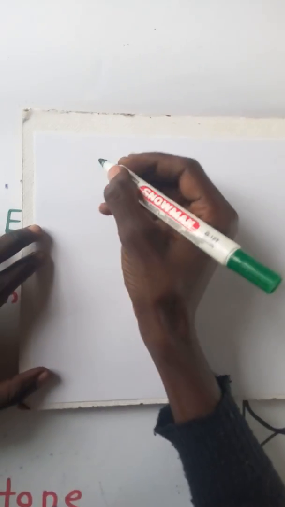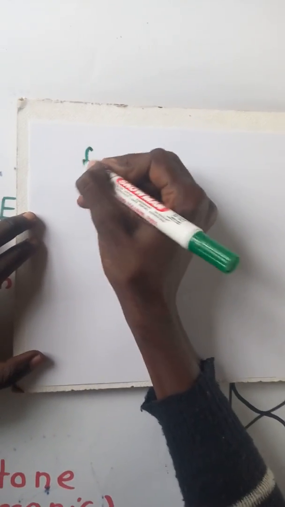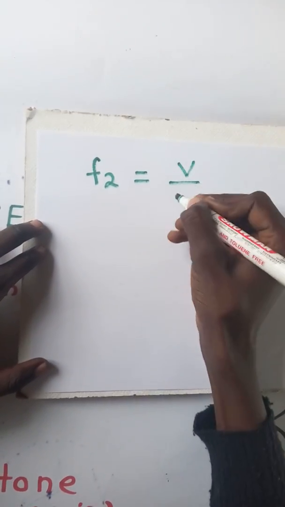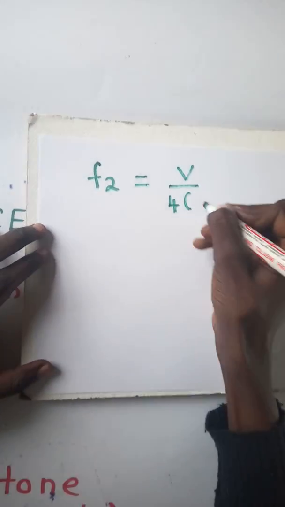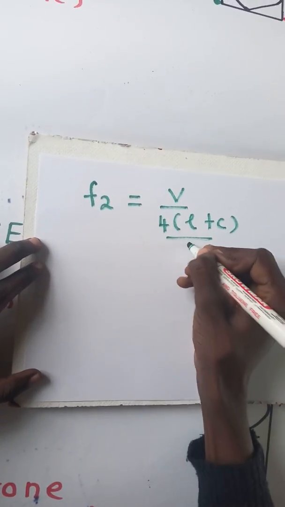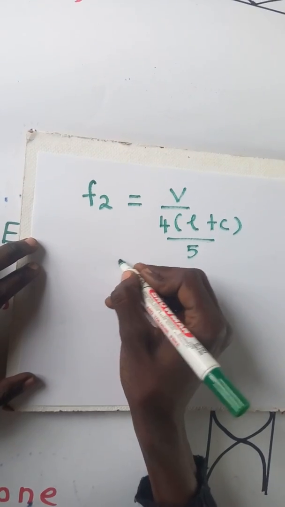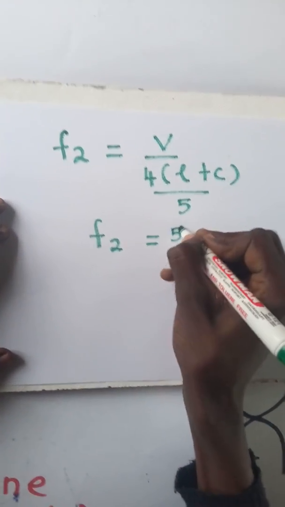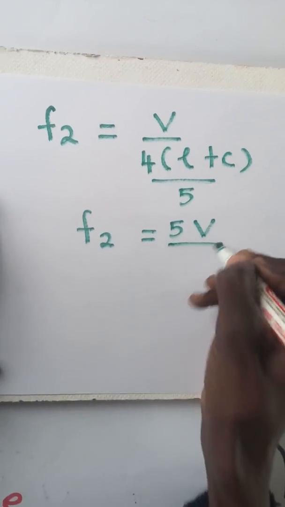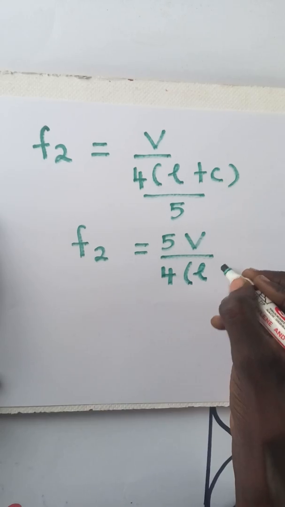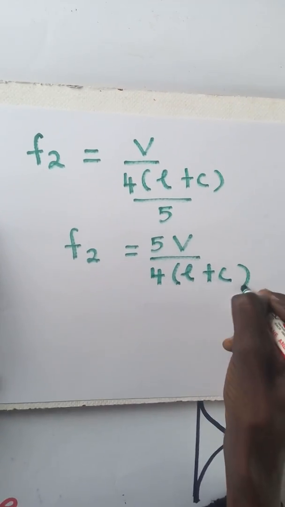So the frequency of the second overtone is equal to velocity over 4 (length of the closed pipe plus end correction) over 5. So the frequency of the second overtone is equal to 5 times velocity over 4 times (length of the closed pipe plus end correction).